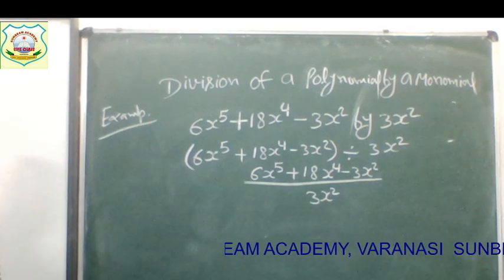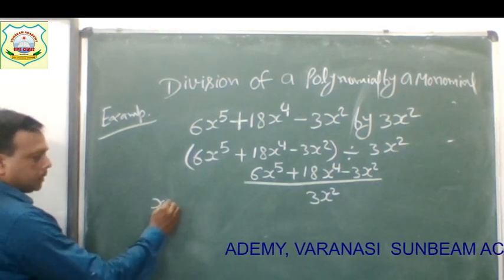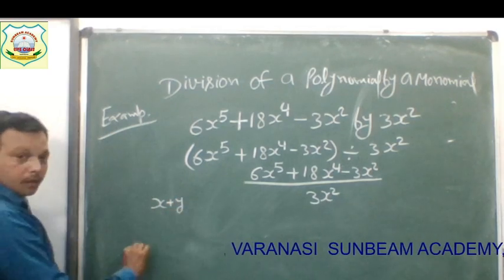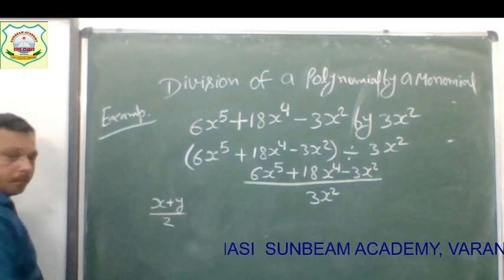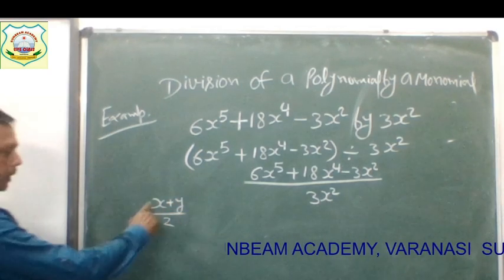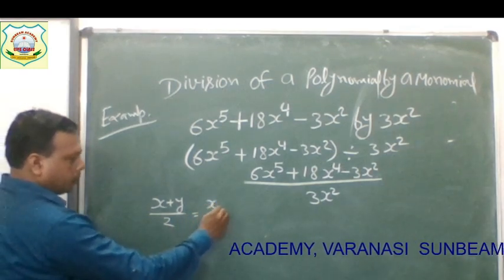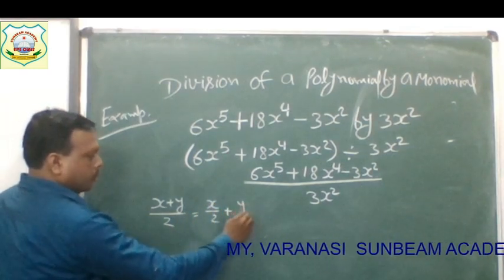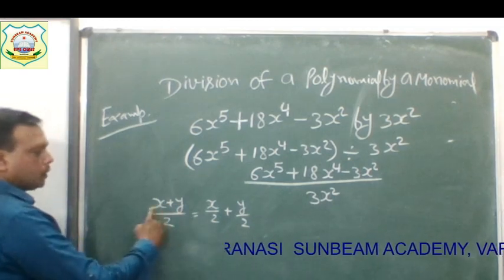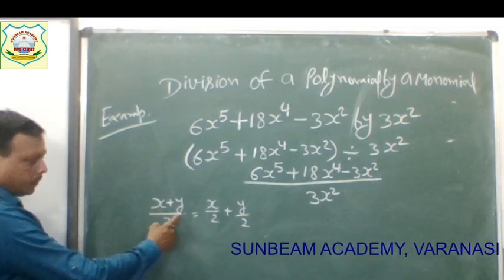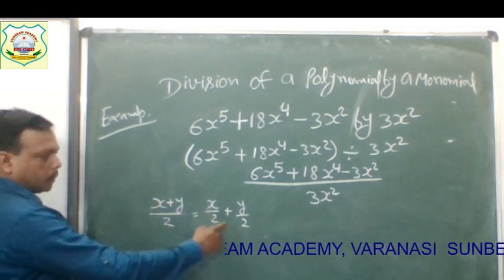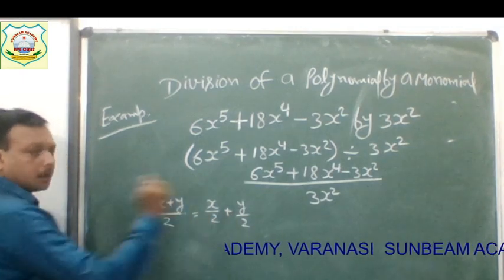And you know students, suppose x plus y is given and it is divided by 2. When you want to divide, we can write this way: x upon 2 plus y upon 2. This 2 will distribute over the two variables, x upon 2 and y upon 2, and between them there is a plus sign.